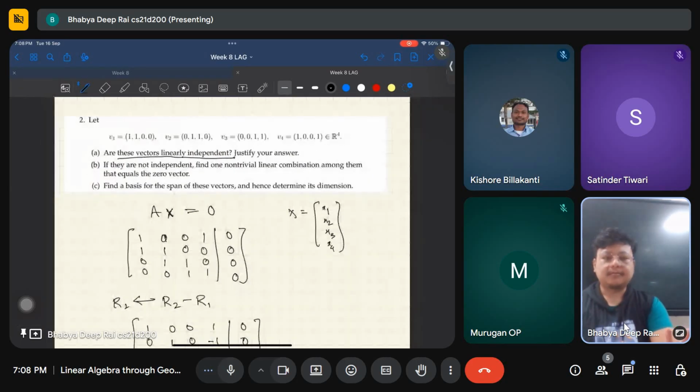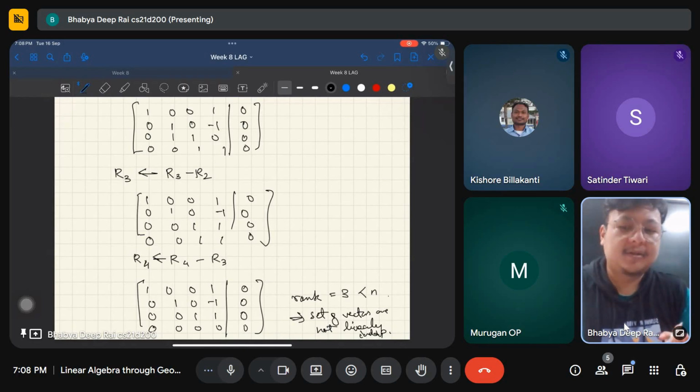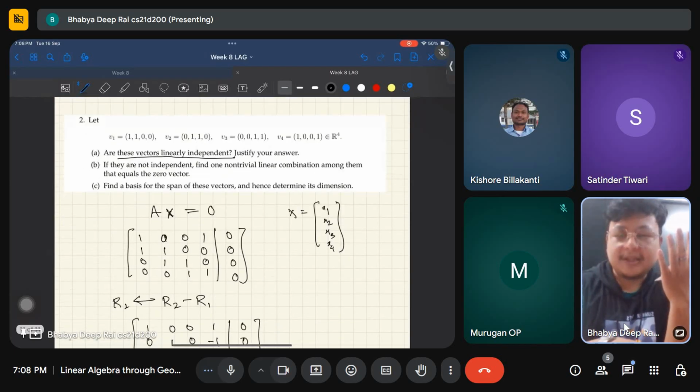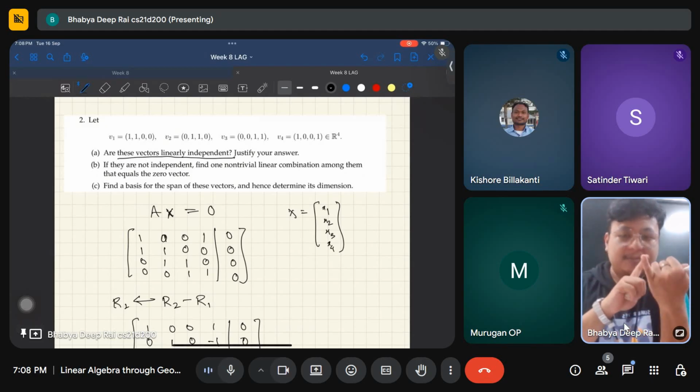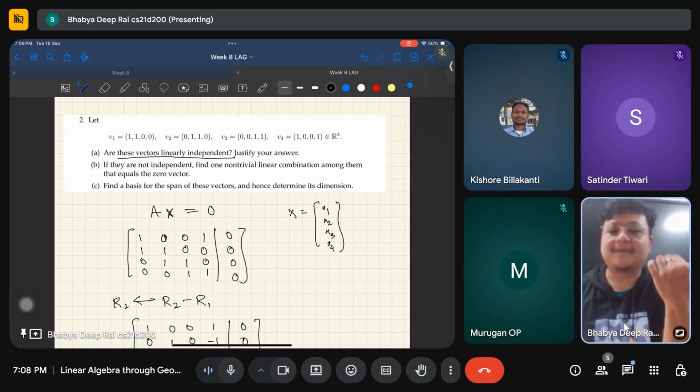Now, there are several things to learn here. Firstly, if the set of vectors are not linearly independent, then what is the linear dependence here? What does linear dependence mean? From the 4 vectors that I started out with, one of the vectors can be created by the other 3 vectors. That is the definition of linear dependence.